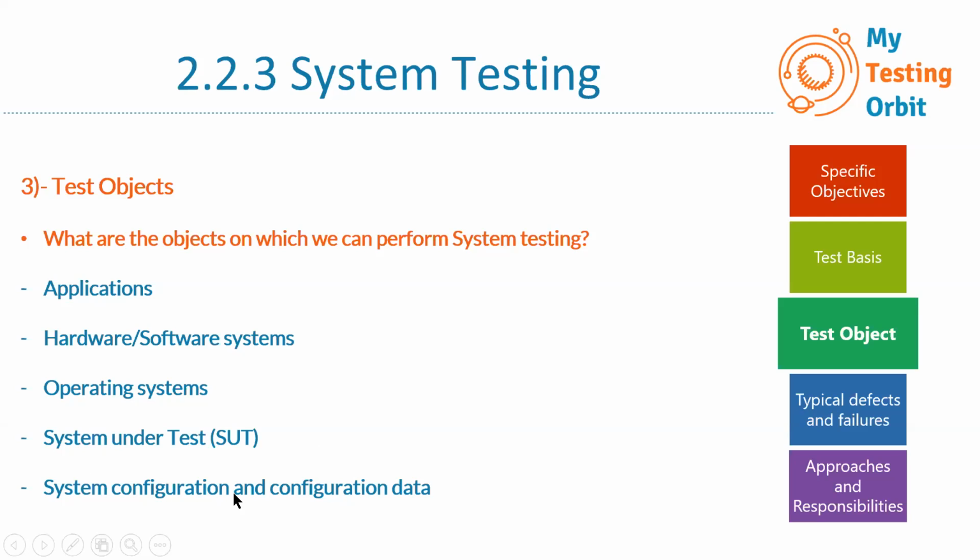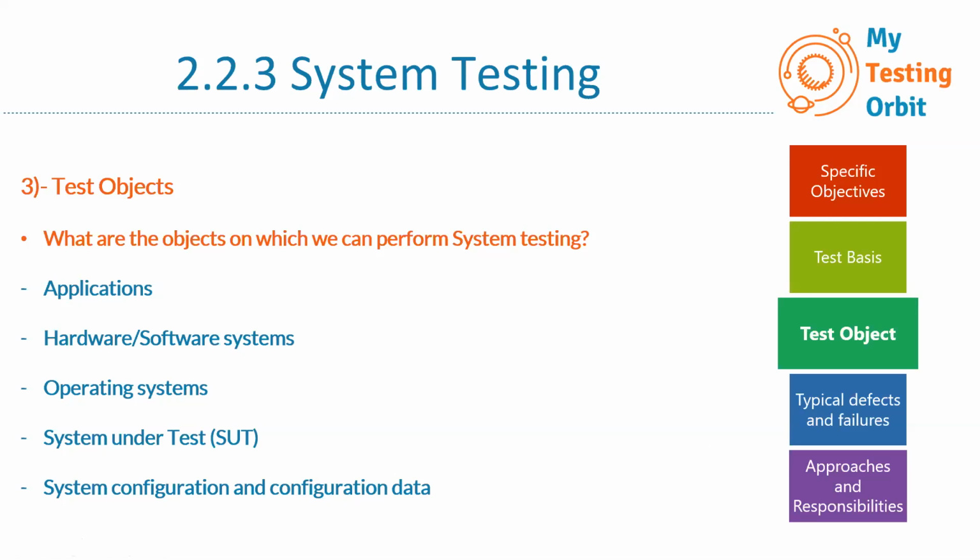Then is system configuration and configuration data. So we have to test the configuration of the system which we are testing, which includes the data we need for configuration. Why do we need to do that? Sometimes when we are doing system testing, we are doing it on a test environment. And then when we are moving it to production, sometimes a functionality fails, not because of its functionality, but because of the configuration, because configuration is different on each test environment.